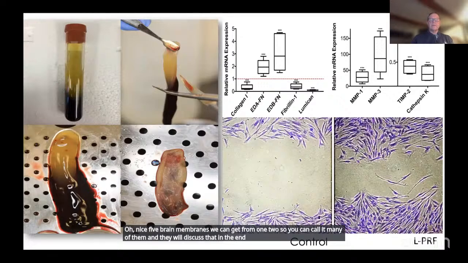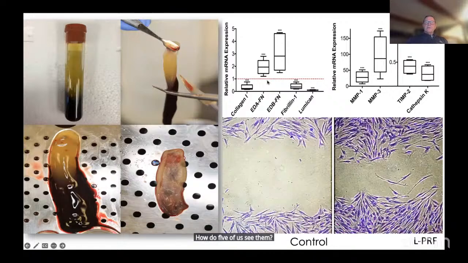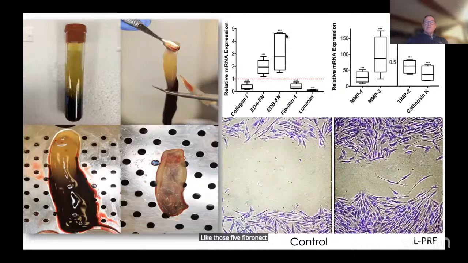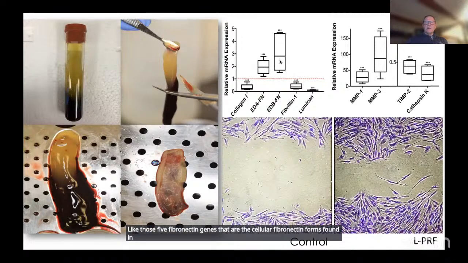So we were studying what happens if these membranes are put into culture with fibroblasts. How do fibroblasts see them? We studied the gene expression levels, and many genes go up, some go down. The fibronectin genes, the cellular fibronectin forms found in wounds, go up.